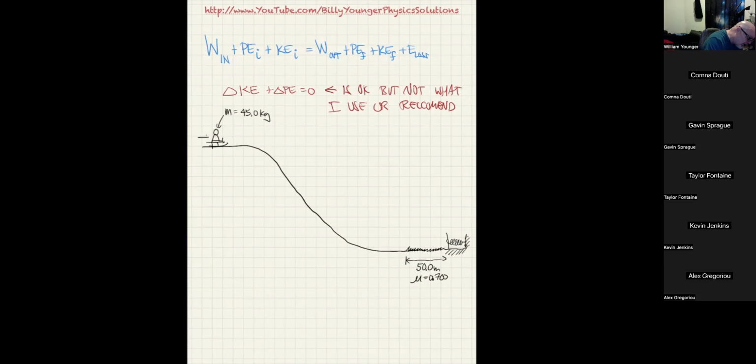And I'm going to say that dad is putting a force equal to 100.0 newtons, and he's going to do so over a distance of 3.00 meters. Notice the force is horizontal, so I don't have to worry about any of that stuff. The rest of the surface, by the way, is frictionless.